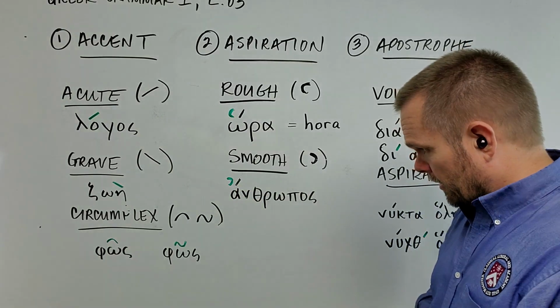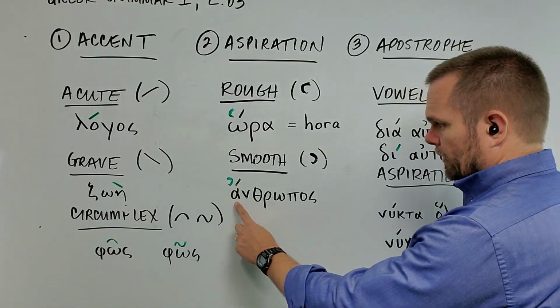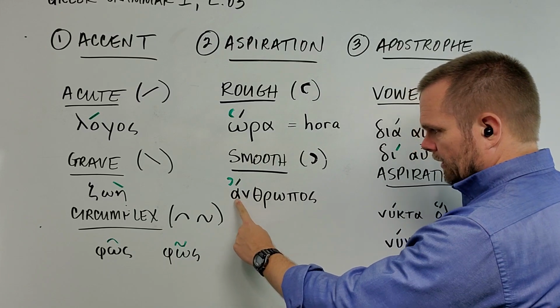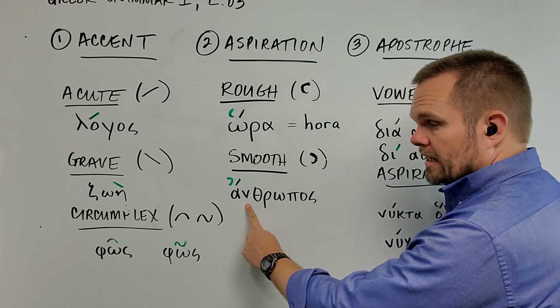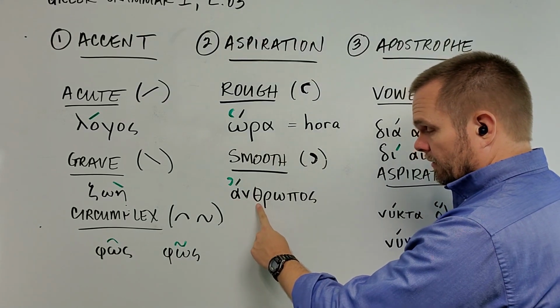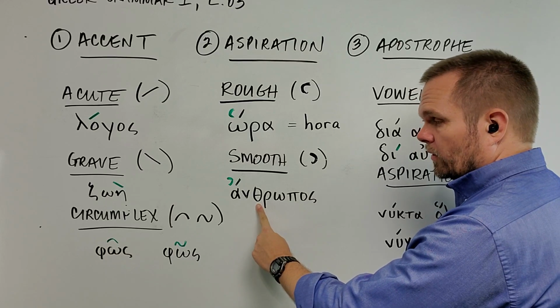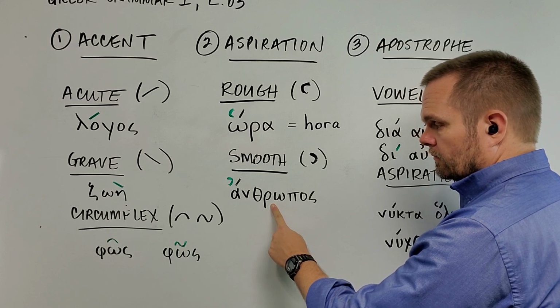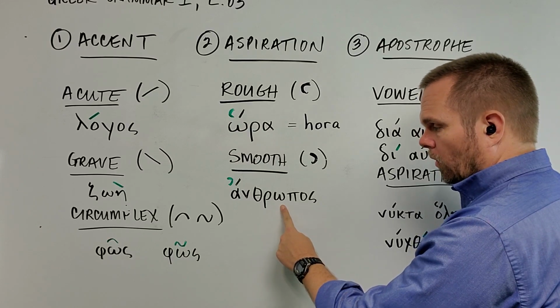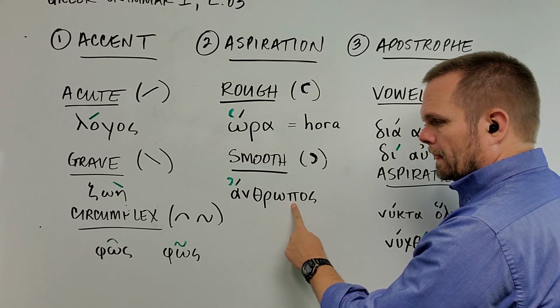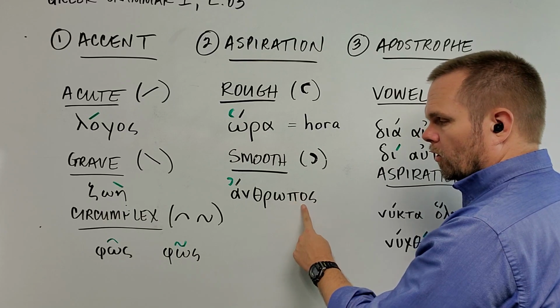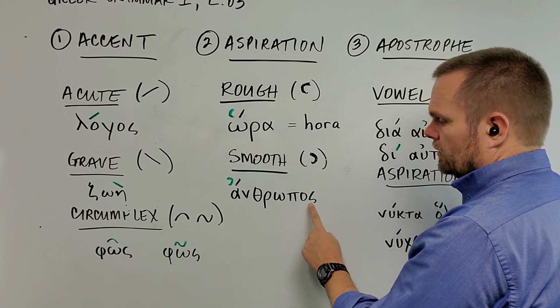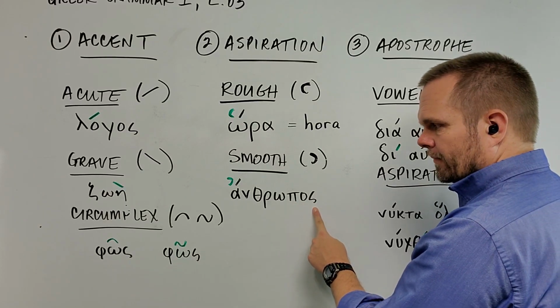Okay, so this word here, we have alpha, a, nu, n, theta, th or t, ro, ra, omega, o, omicron, o, and sigma, s.